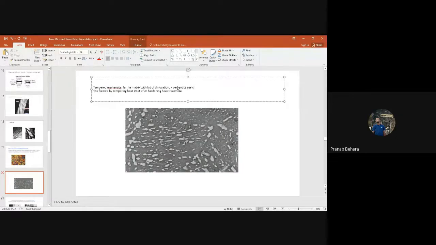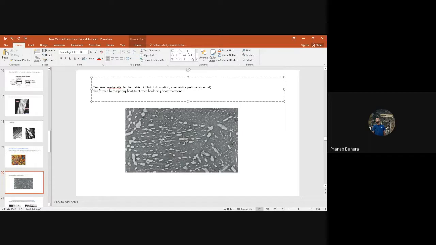Cementite particles are of which shape now? It has taken a shape of spherical shape, basically. Spheroids. So tempered martensite contains a ferrite matrix containing a lot of dislocations, and on that matrix we have cementite particles of spherical shape. This is called tempered martensite.